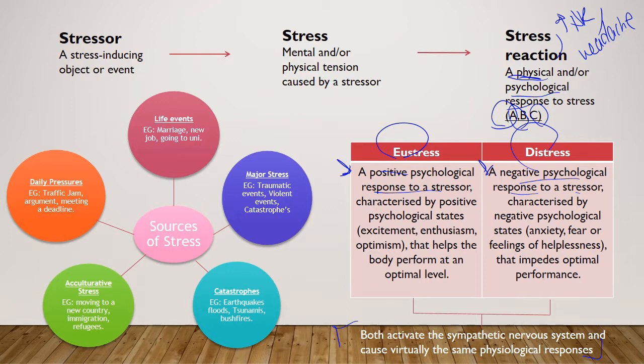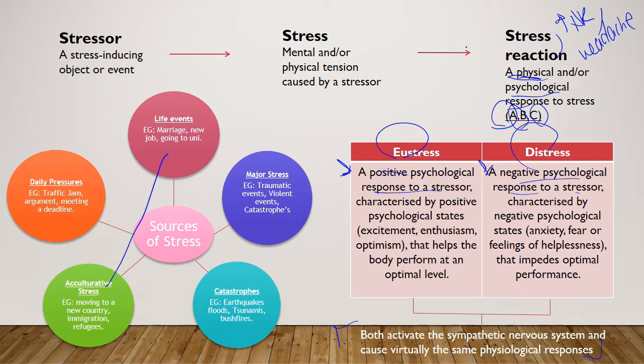Okay, so you also need to make sure that you know the difference between the sources of stress. So we obviously have daily pressures, which are just the normal little things. We have life events, which are big things, which means you need to adjust to them. They can be both positive or negative.